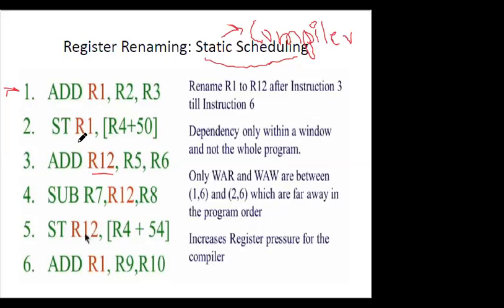The second instruction, when it was fetched and decoded and going to execution, was dependent on the value of R1. Then instruction 3 can be performed independent of R1, because it is not dependent on the previous value of R1. When R5 and R6 are added together, the value has to be fed to R1.